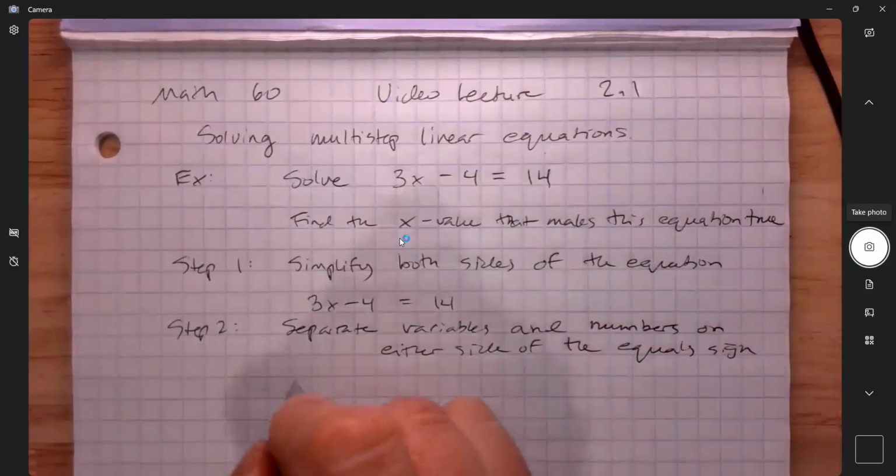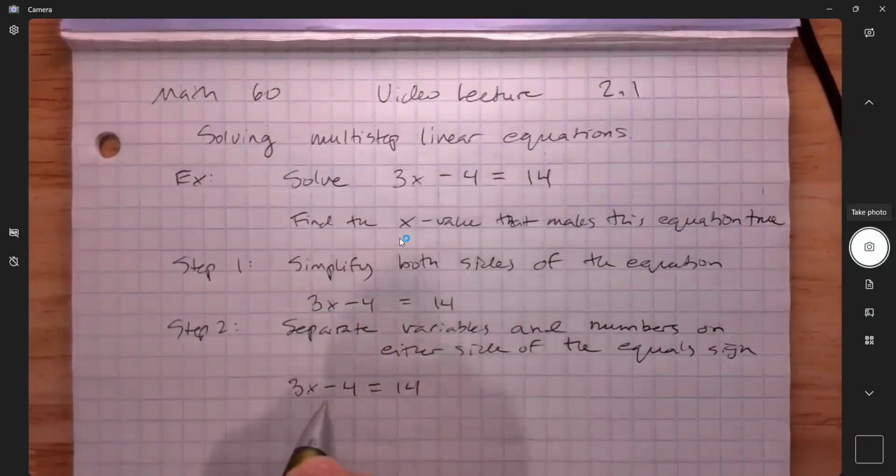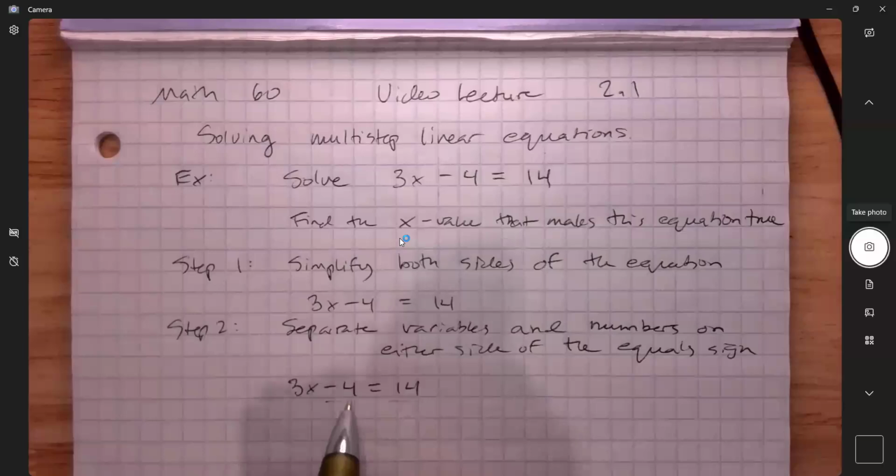So here I have 3x minus 4 equals 14. I've got numbers on both sides. I've got the minus 4 and the 14. I also have the 3, but we're going to deal with that in a minute. So just as we did in the 1.7 video, we're going to add 4 to both sides. And that minus 4 and the 4 is going to cancel, leaving us 3x equals 18.